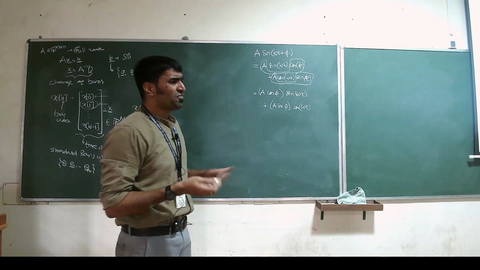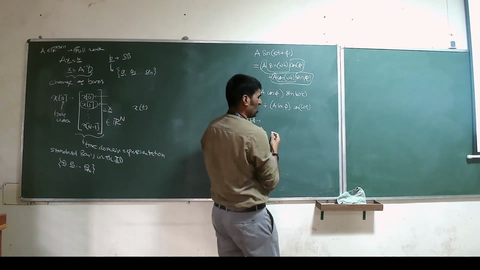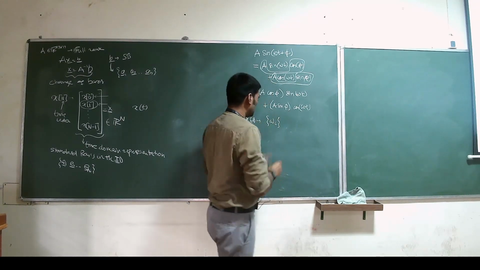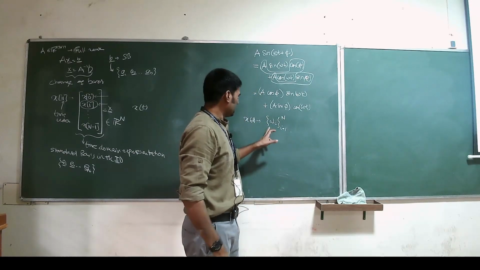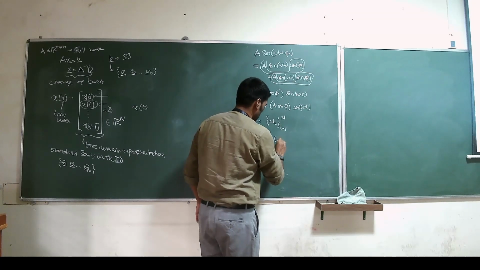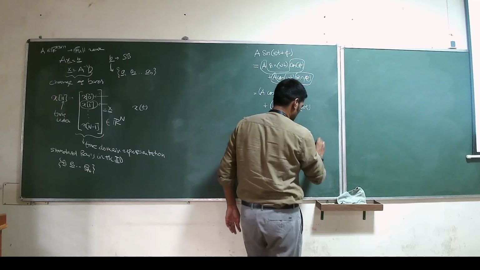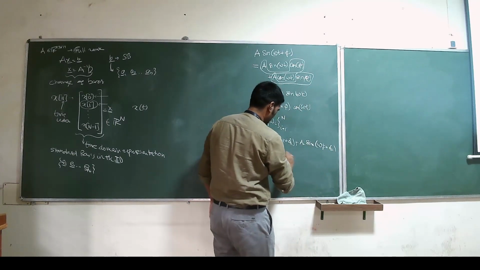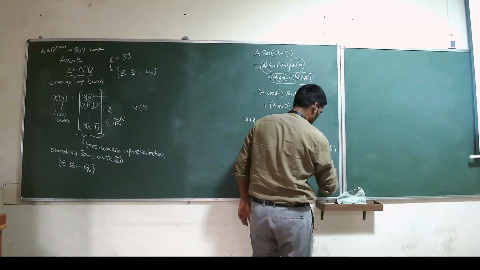If we know that an arbitrary signal that we are interested in is essentially a sum of, let's say, a bunch of frequencies i from 1 to, let's say, capital N, that means the signal is always of this form: A1 sin omega 1 t plus phi 1, plus A2 sin omega 2 t plus phi 2, and so on, up to An sin omega n t plus phi n.